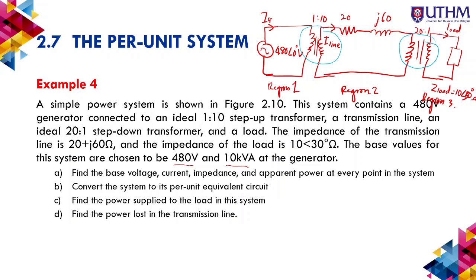Dia mesti ada given parameter so that we can calculate, otherwise it's very difficult. So firstly kita nak measure I, and then kita nak cari Z. Kita juga nak cari volt untuk setiap region.